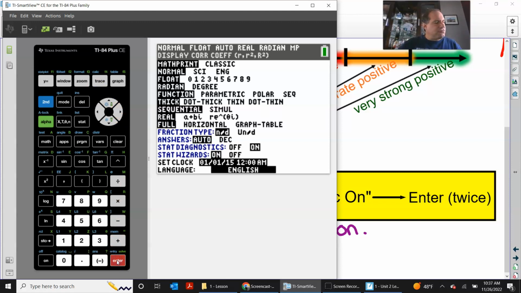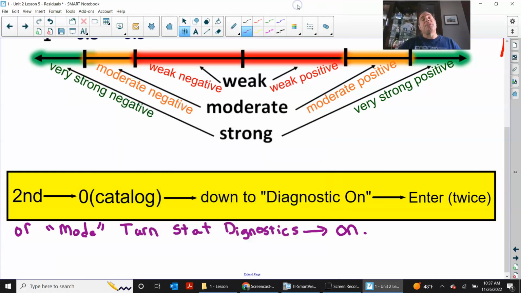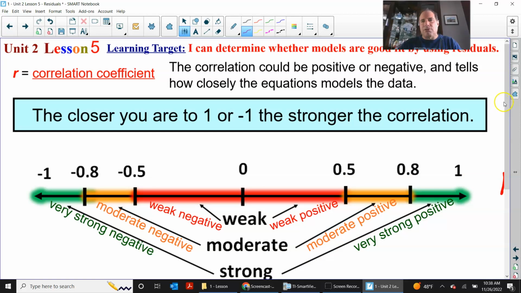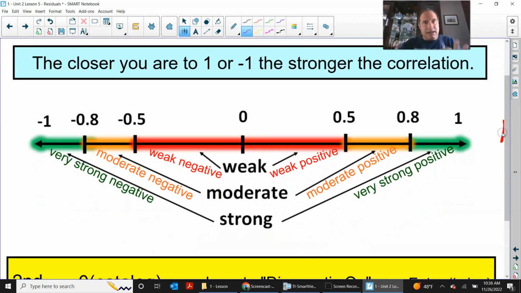When you reset your calculator, like I said before, it's turned off by default. And that's not a good thing, because when you are asked on the Regents to find the linear regression, when Stat Diagnostics is off, the correlation coefficient is not going to show up.